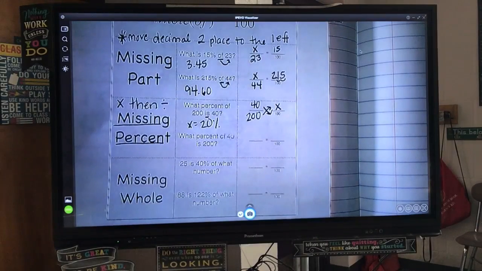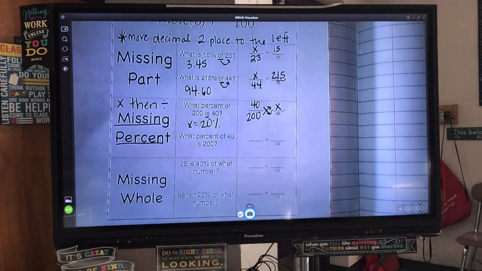What's 200 divided by 4? What's 20 divided by 4? 5. So essentially 25% of 200 is going to be 50. So we're saying 40 is 20% of 200. Is that fairly close? Does that make sense?